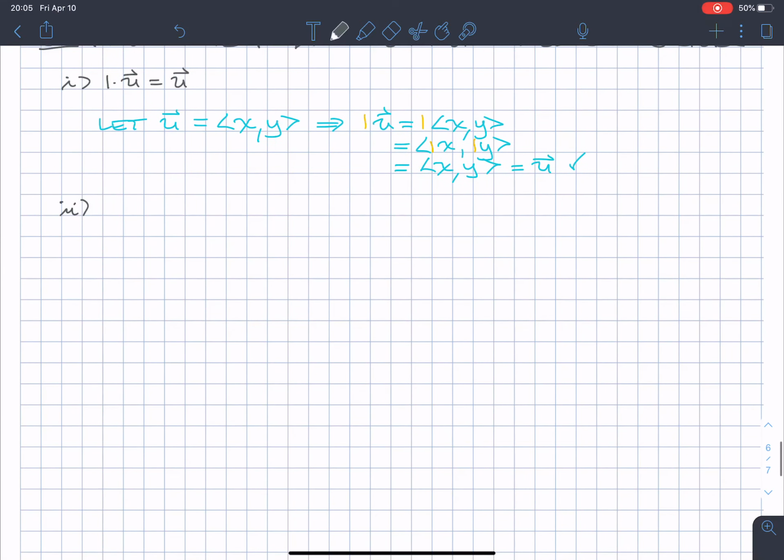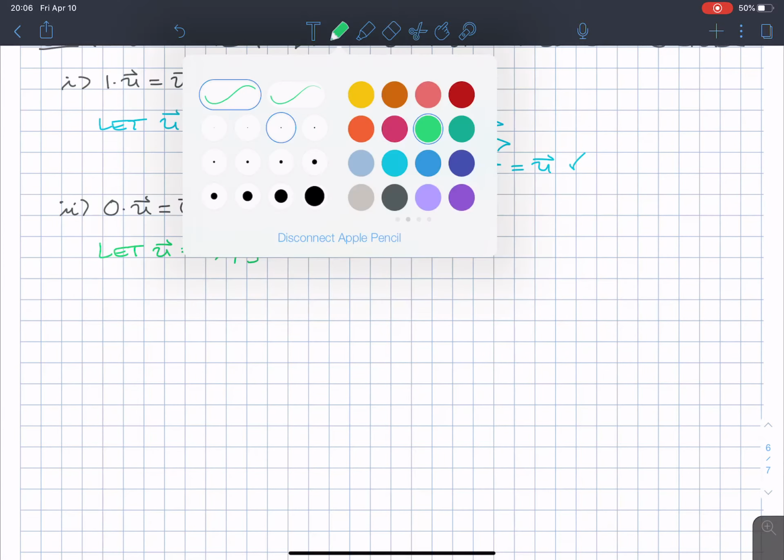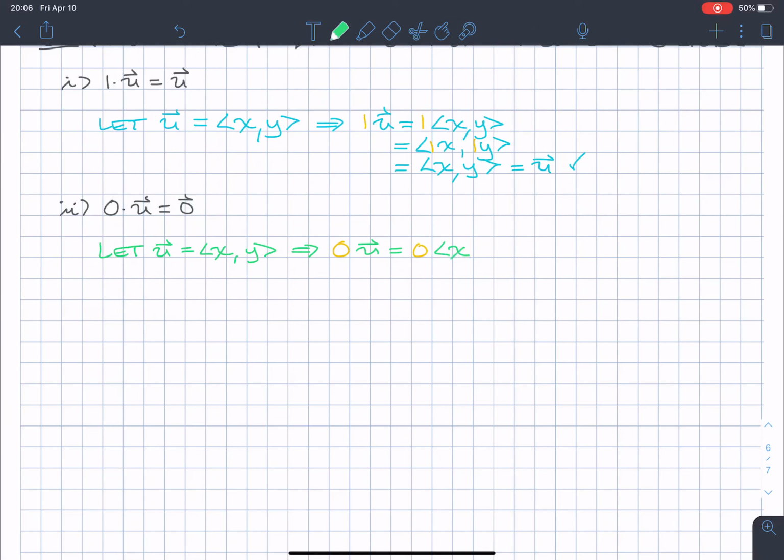So number 2, let's go ahead and prove 0 times u, so the constant 0 times vector u is the 0 vector. In this case, I'm going to let vector u, once again, be x comma y. So that means that the scalar 0 times the vector u will be the scalar 0 times x comma y, which means I just multiply each component by 0.